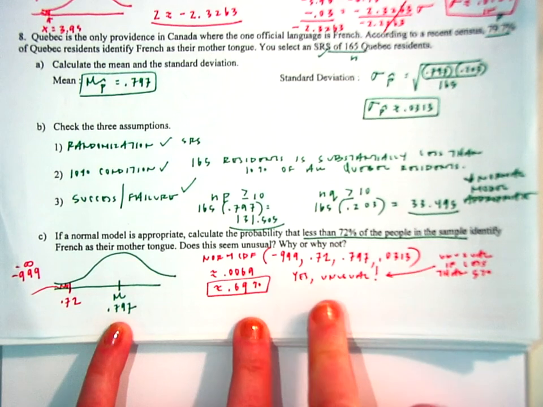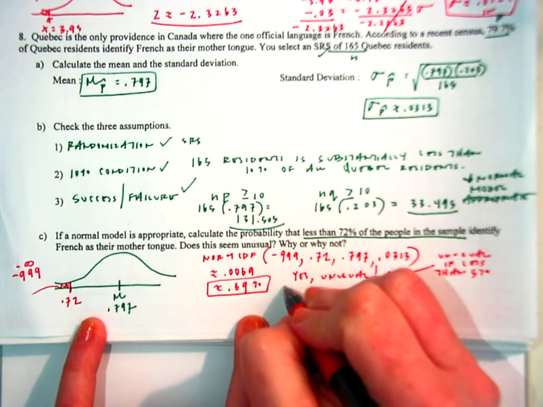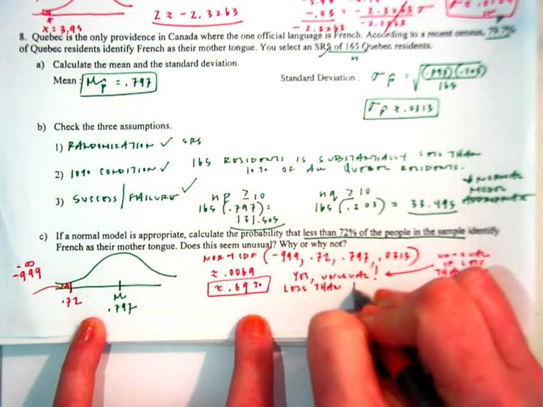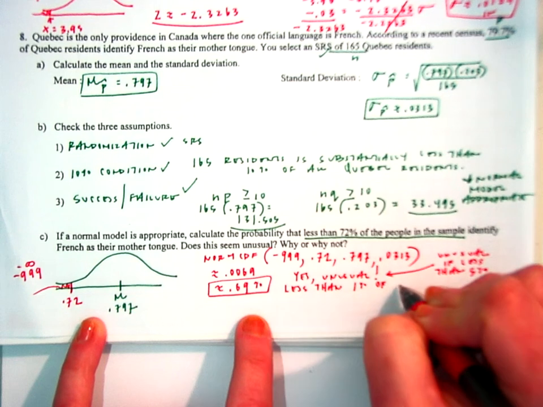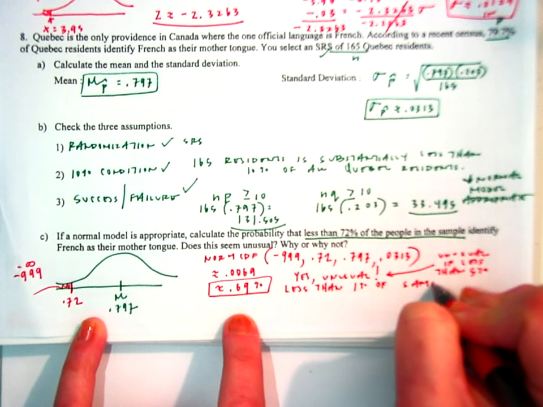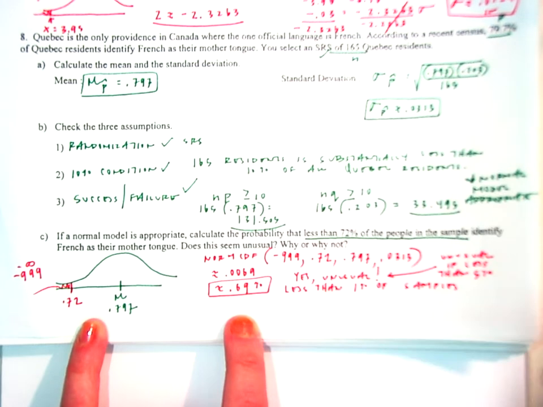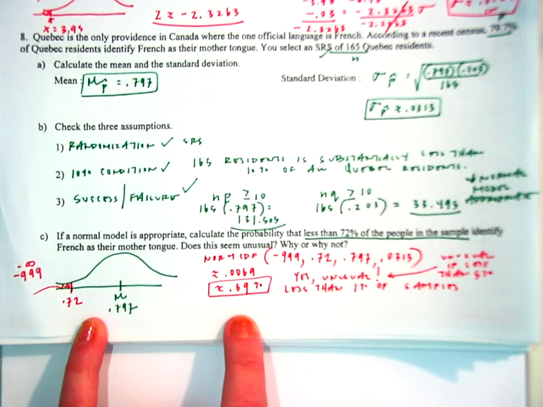So we're saying, yes, it's unusual because less than 1% of samples of this same size, of size 165, identify French as their mother tongue.